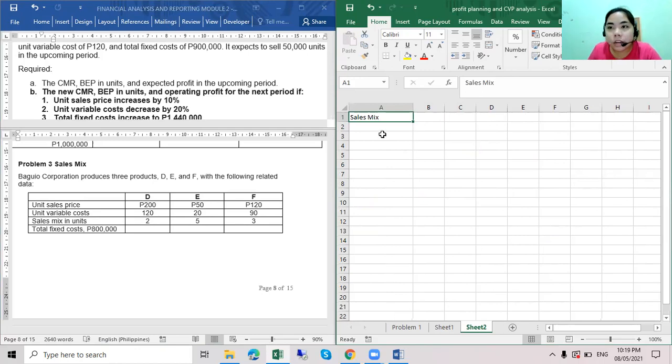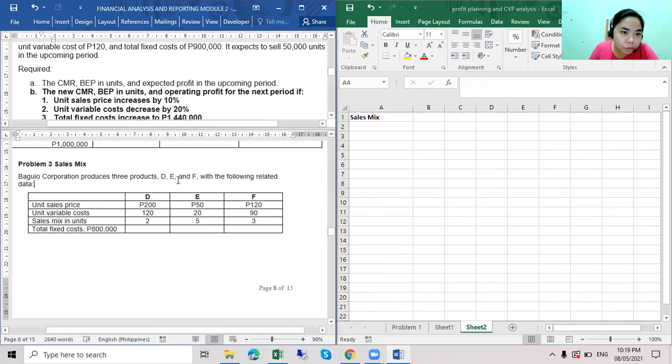So how to compute the CMR in whole, or ang ilang weighted contribution margin per unit? And paano ang sharing sang fixed cost? So sales mix.